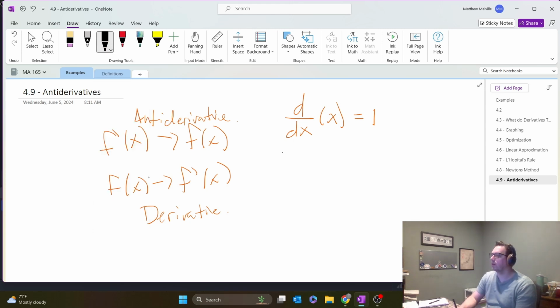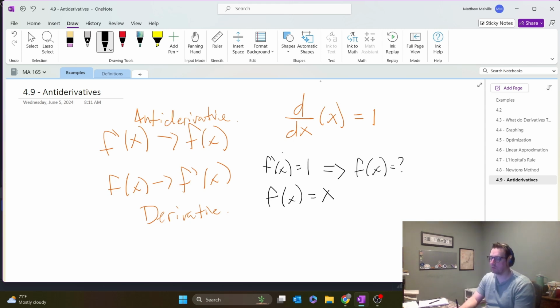But what if I wanted to say, well, if f prime of x equals 1, then what is f of x equal to? So knowing this fact, we can say, well, I know f of x is equal to x. That's just thinking backwards, right? We're feeling pretty good about that one.